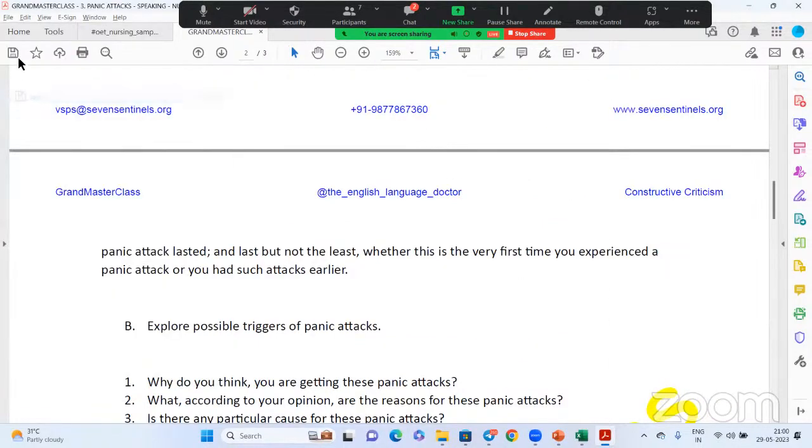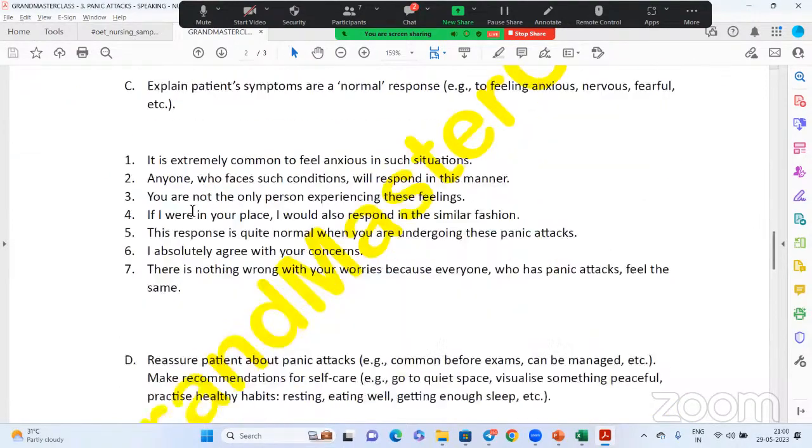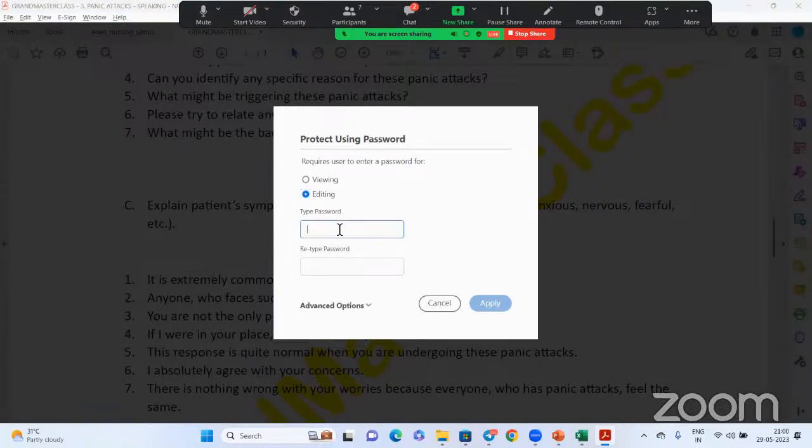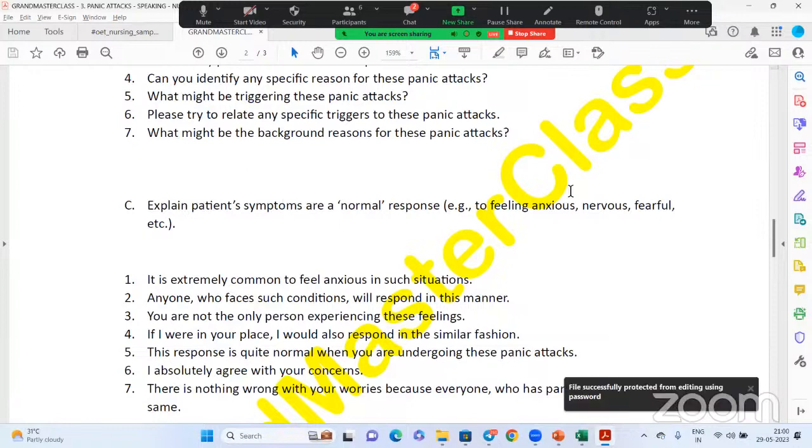File, save. File, protect using password. So I'm going to give this one to you now.